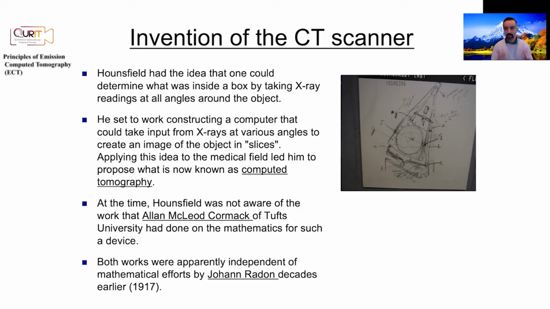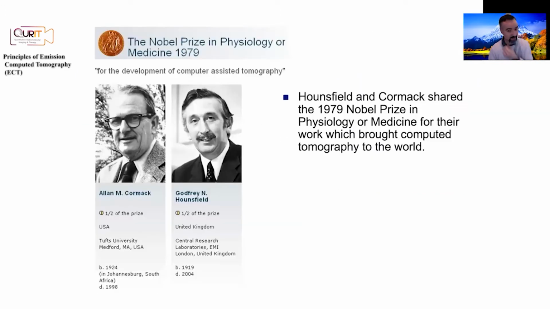So independent works, brilliant minds discovering this key idea that if you acquire projection data at different angles around an object or subject, you could actually create 3D images of what's going on inside. You could penetrate inside the subject. And the two of them, Hounsfield and Cormack, ended up getting the Nobel Prize in physiology or medicine in 1979.